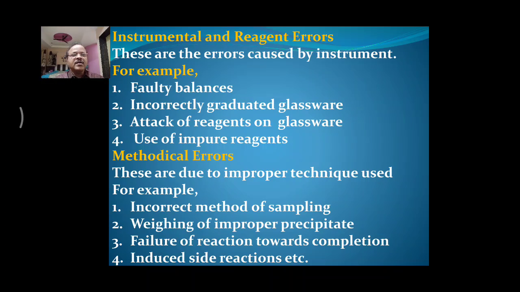The second, instrumental and reagent errors. These are the errors caused by instruments and reagents. For example, faulty balances. If we use faulty balances for weighing, then it will be an instrumental error.